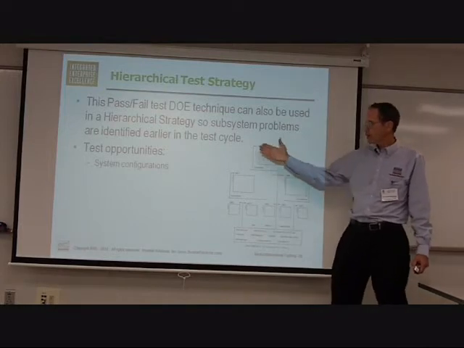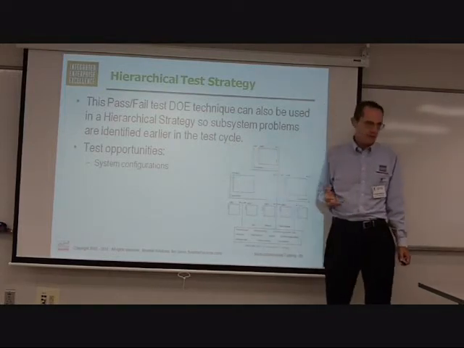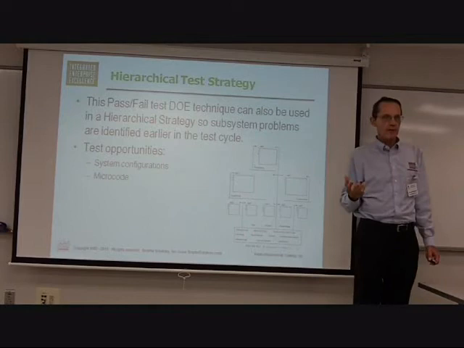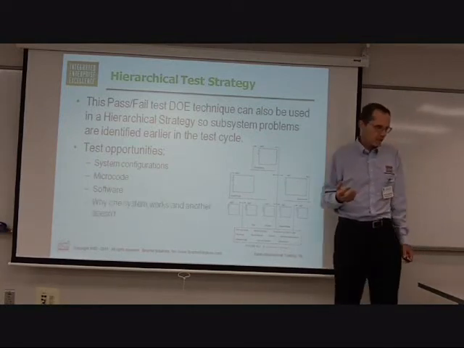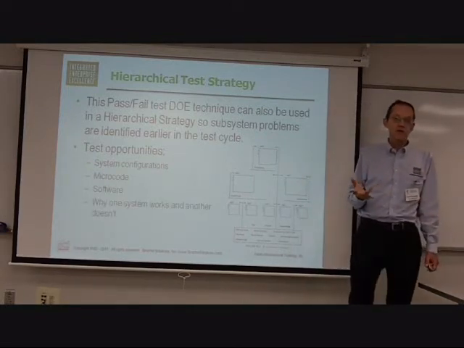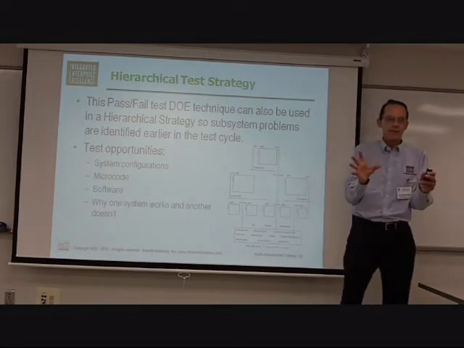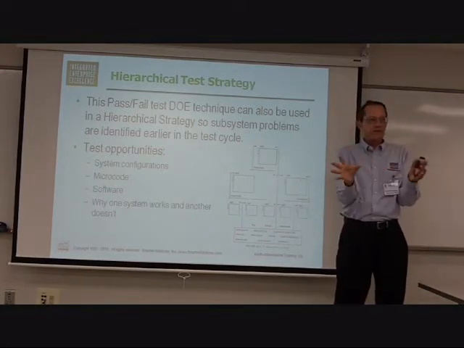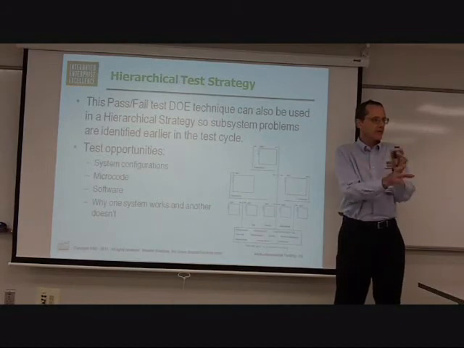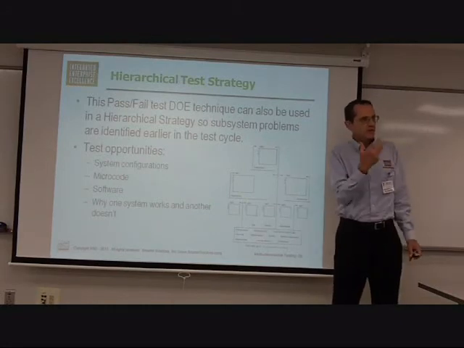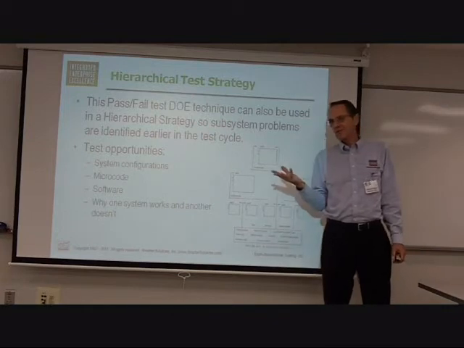So the opportunities for doing this are things like system configurations. You can do it for microcode and software. The other thing you can do is ask why one system works and another one doesn't. So you can start switching parts around. Say you've got 5 or 6 different things, and you start switching them around and find out why this doesn't work.